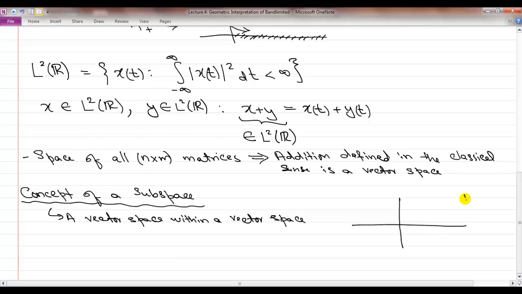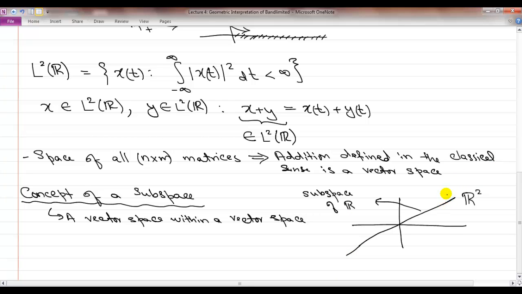So if you think about, for example, R2, and you might have been exposed to that in your undergraduate, and if you think of this line which passes through the origin in R2, this line is sometimes called a subspace of R2. This line which extends all the way down to all the way up.